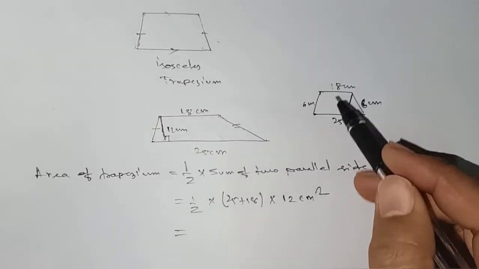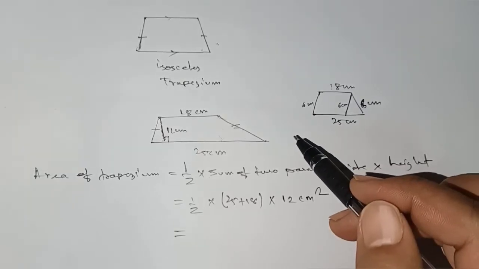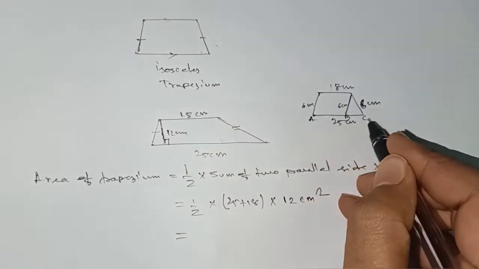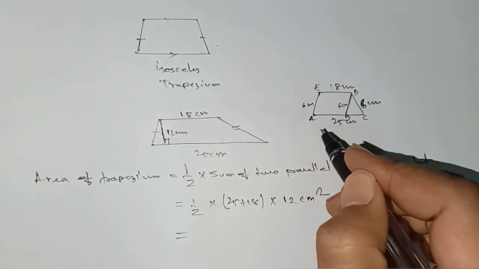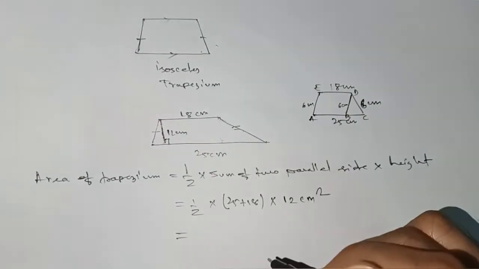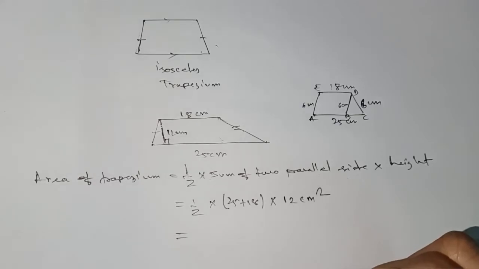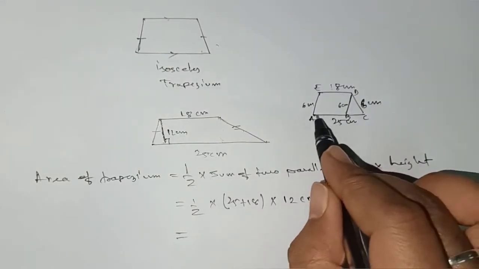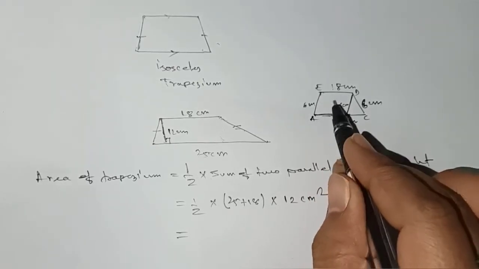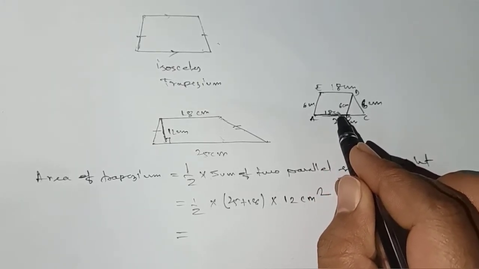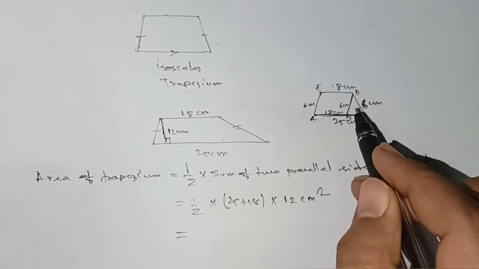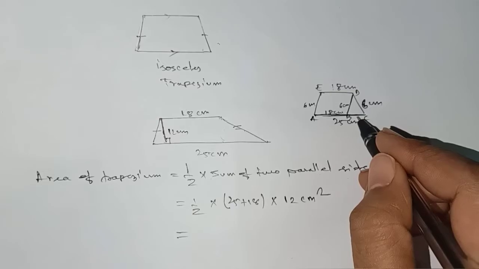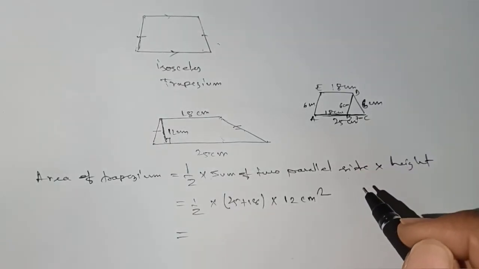So if opposite sides are parallel, then we can say that it is a parallelogram. If we name the points A, B, C, D, E, then we get ABDE as a parallelogram. Then we can easily find the length of this, it will be your 18 centimeter, and this will be 25 minus 18, that is 7 centimeter.